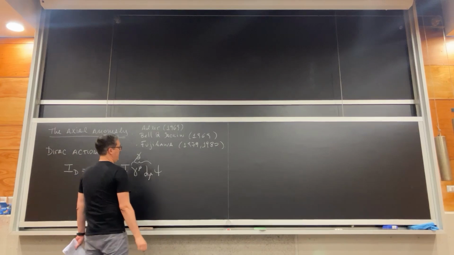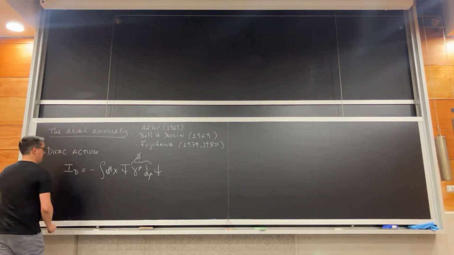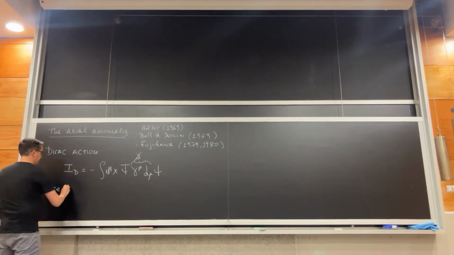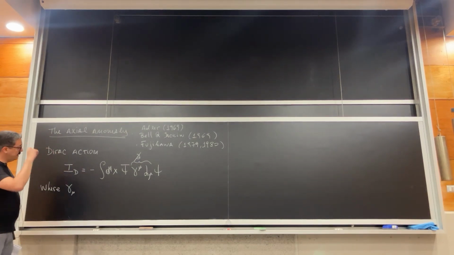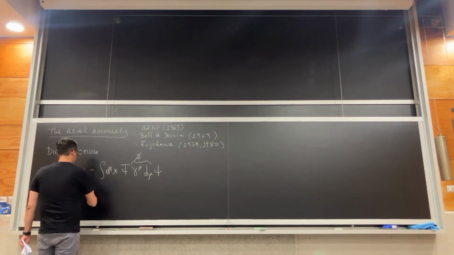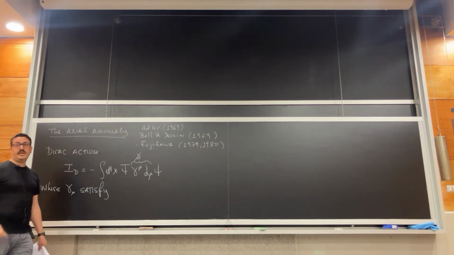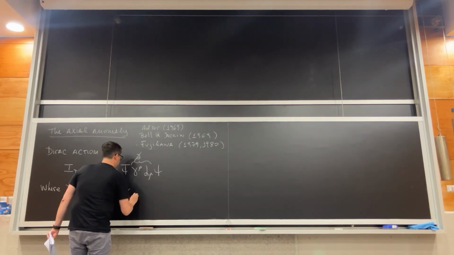So the gamma matrices, let us put it here, where gamma are the Dirac gamma matrices, and they satisfy the Clifford algebra. Okay, and the Clifford algebra is given by the anticommutator of these guys.